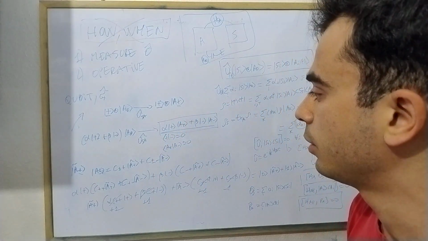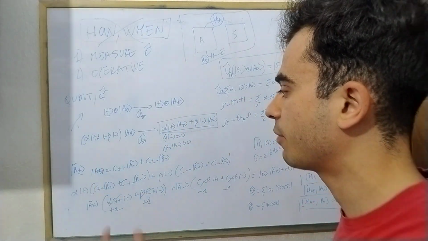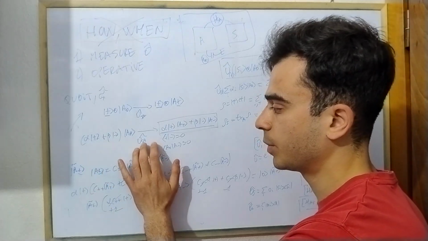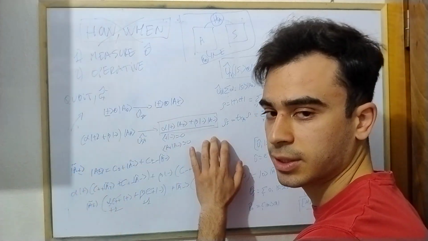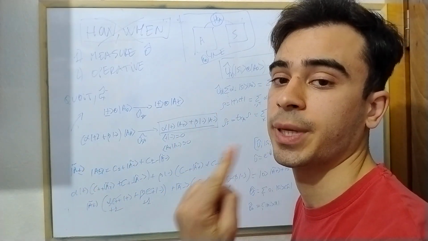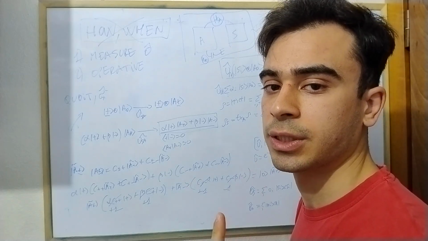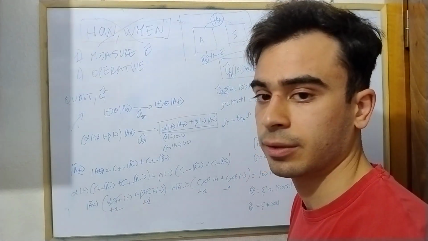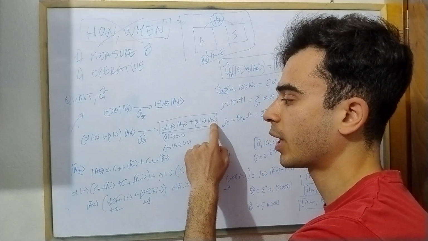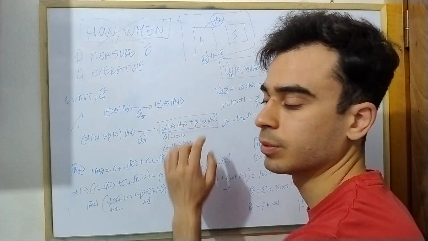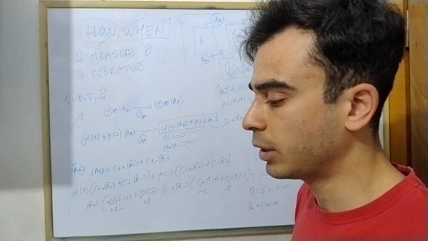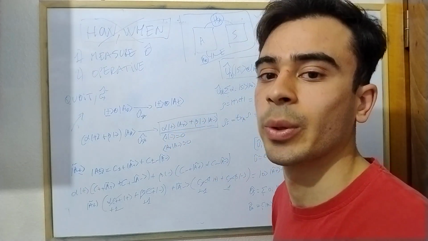So the interaction between the system and the environment generates this kind of entanglement only for one special basis of the system, or equivalently one special basis of the apparatus, as there is a correlation between the two. And in the literature, this basis is called the pointer basis.